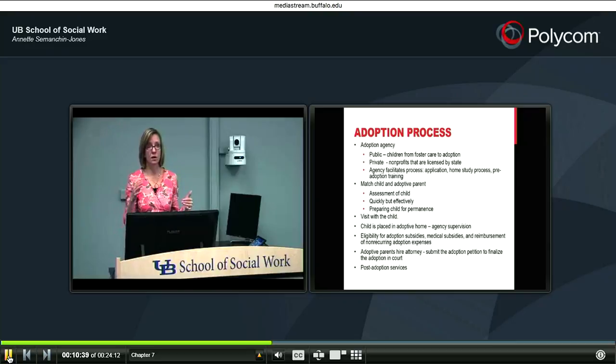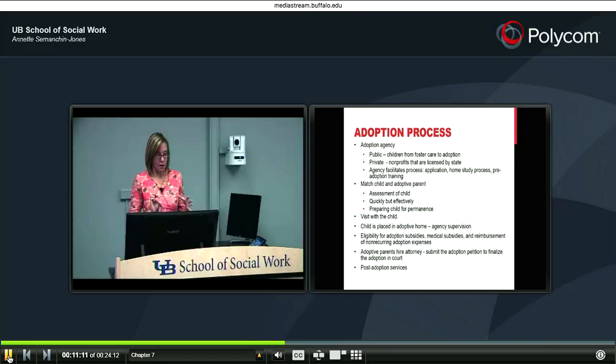Many children coming from the foster care system would be eligible for these adoption subsidies up to the age of 18. This is especially important because there would otherwise be a disincentive for foster parents to adopt if they were going to stop receiving any financial support whatsoever. So this is an incentive for those foster parents to adopt a child. They're still going to be receiving the financial support needed.